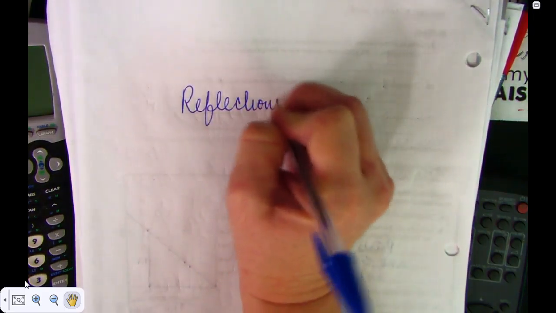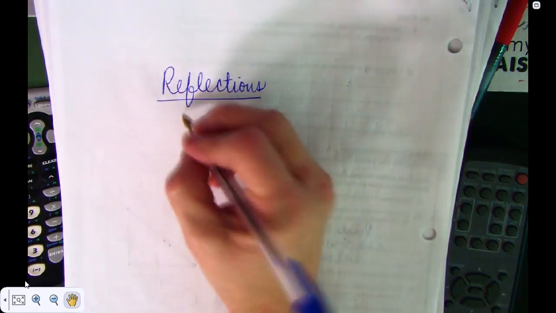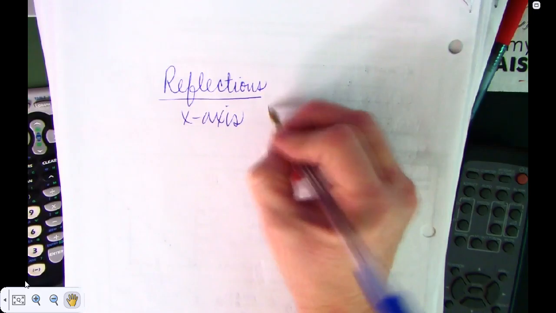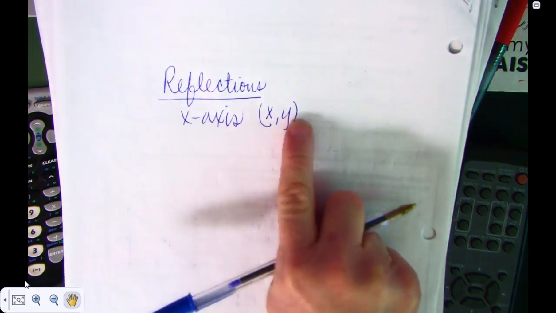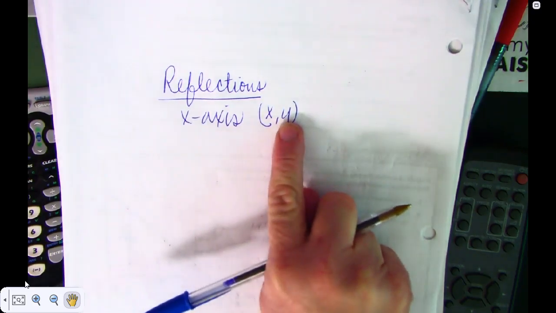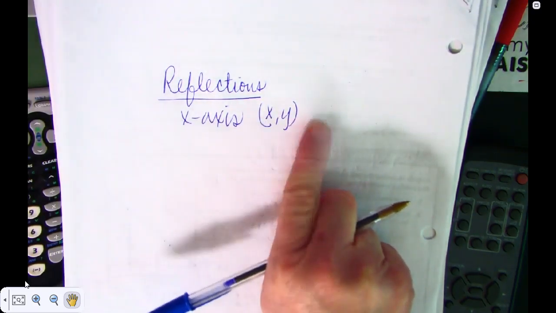And I want to go back to reflections, and I need to say this real quick. When we reflected across the x-axis and I told you you started with x, y, that didn't mean they were both positive. It could, but one might be negative. It didn't matter.